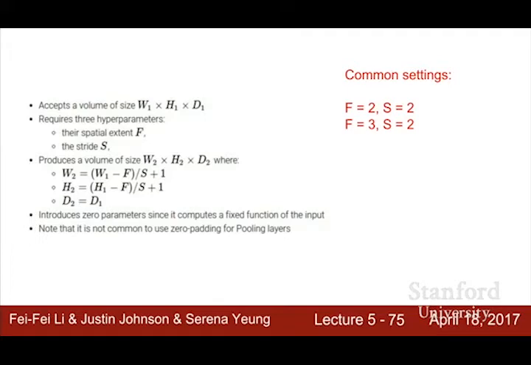Some common settings for the pooling layer are a filter size of 2 by 2 or 3 by 3, with strides of 2 by 2. You can still have a filter size of 3 by 3 with a stride of 2. I think someone asked that earlier, but in practice it's pretty common just to have 2 by 2.